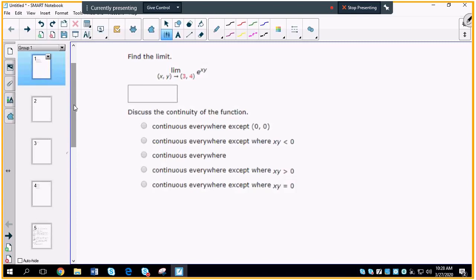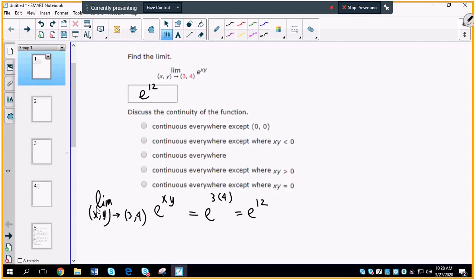So let's see that. If you put in x equal to 3 and y equal to 4, direct substitution, you get 3 times 4, which is e to the power 12. And there is no problem doing so. So I'll go ahead and say that this is e to the power 12.